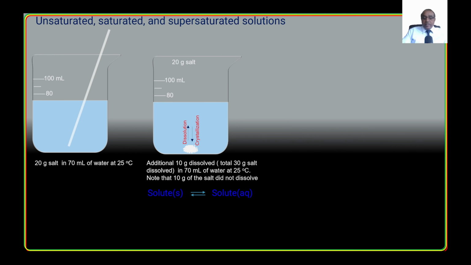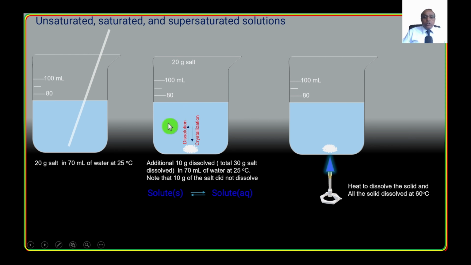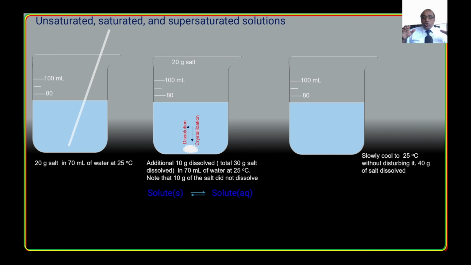Now let's do the next experiment. Let's heat this solution using a Bunsen burner. Let's warm it to 60 degrees Celsius. Let's assume that the remaining 10 gram over here is completely dissolved at 60 degrees centigrade. So all the salt is dissolved. Now let's slowly cool it to 25 degrees Celsius without disturbing it.